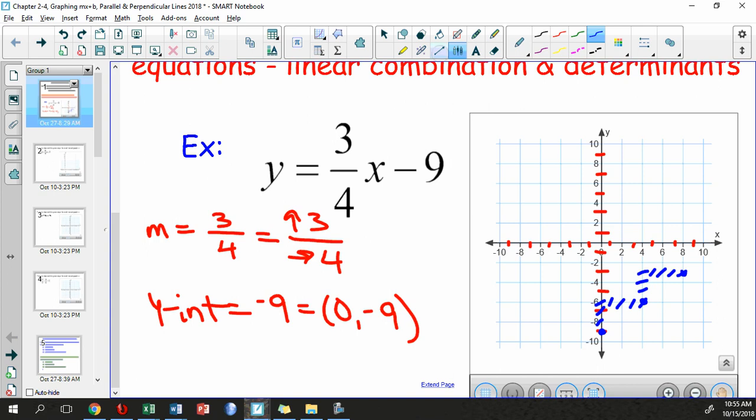And what you're going to get is a nice little line. Do we all see the line there? Yes? Okay. We just graphed this line using the slope and the y-intercept. Do we all understand that? Yes? Okay, let's do this again.